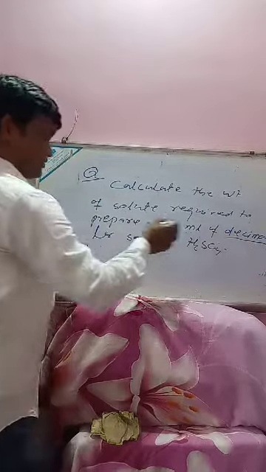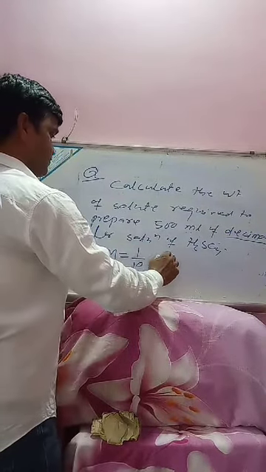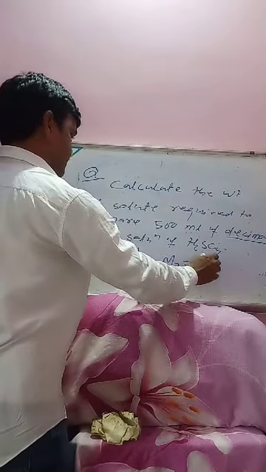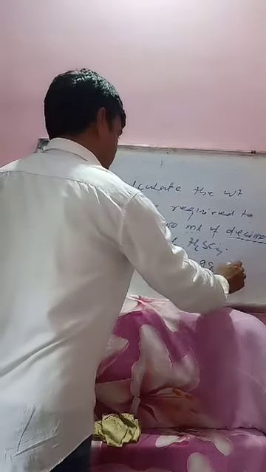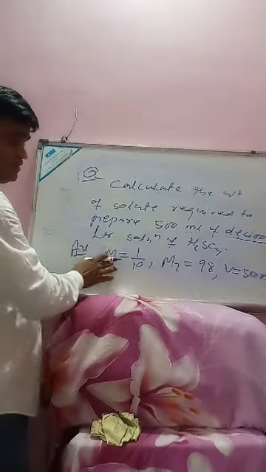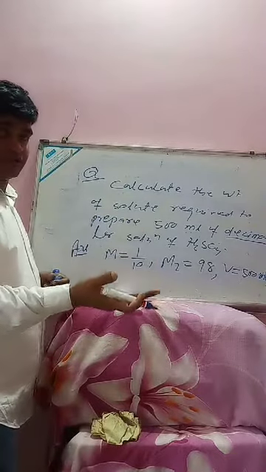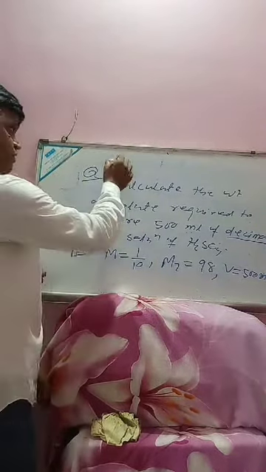Molarity: a decimolar solution means molarity is 1/10. For sulfuric acid, molecular mass is 98. And volume of solution is given, 500 milliliter. Molarity is given, molecular mass of solute is given, volume is given. We can calculate W2 or weight of solute.